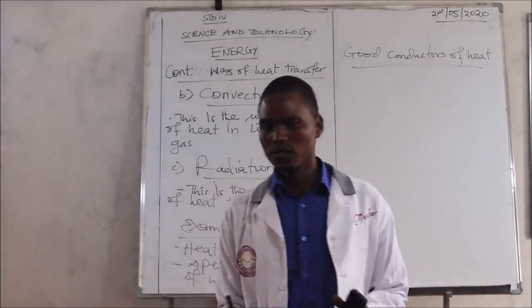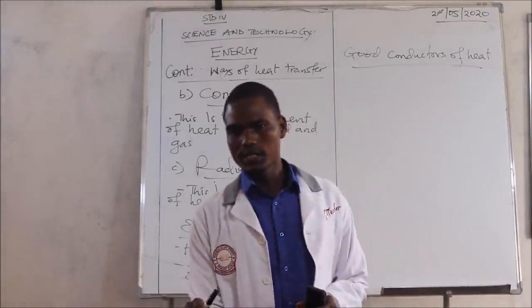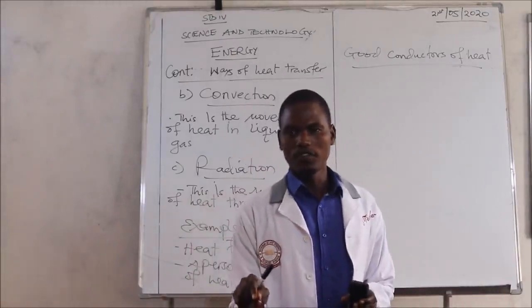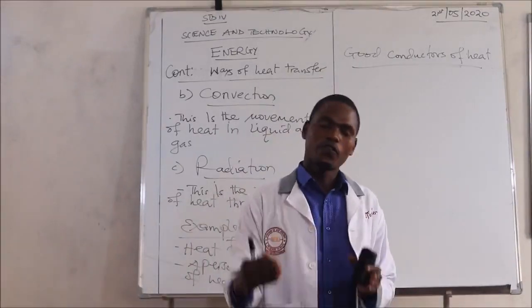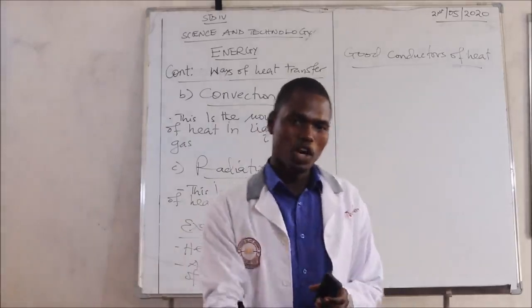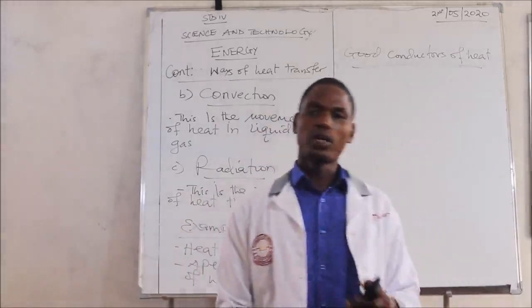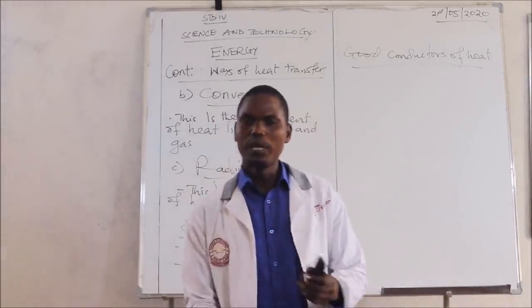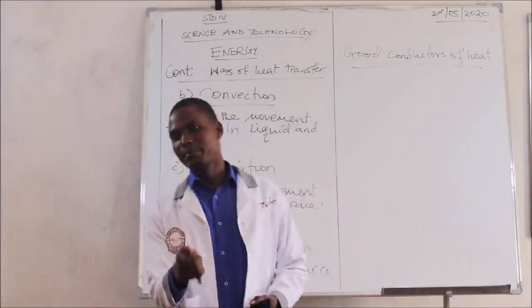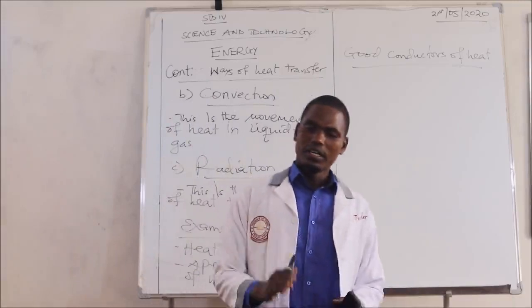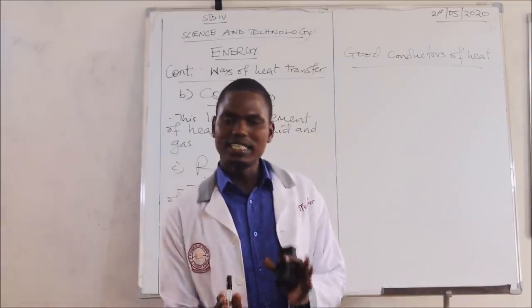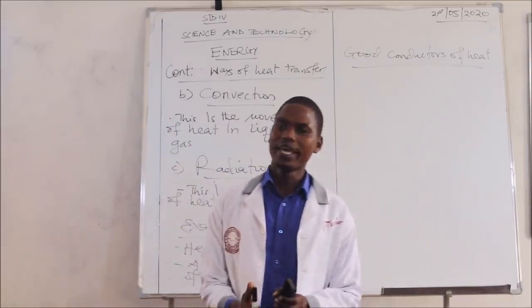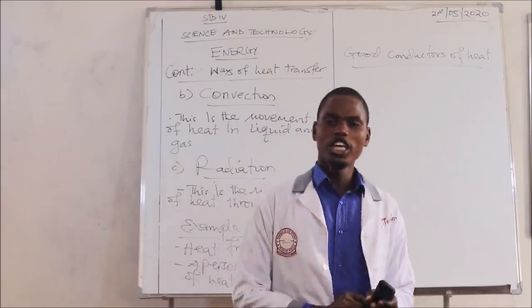For heat to move from the source of heat, or from one point of an object to the other point, we require a medium, which may be an object, let's say a metal. Now, different materials have different ways through which heat passes through.